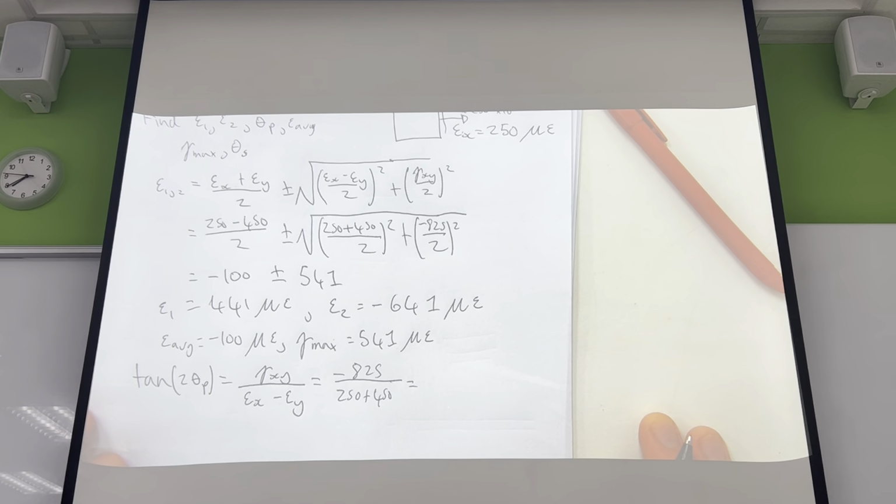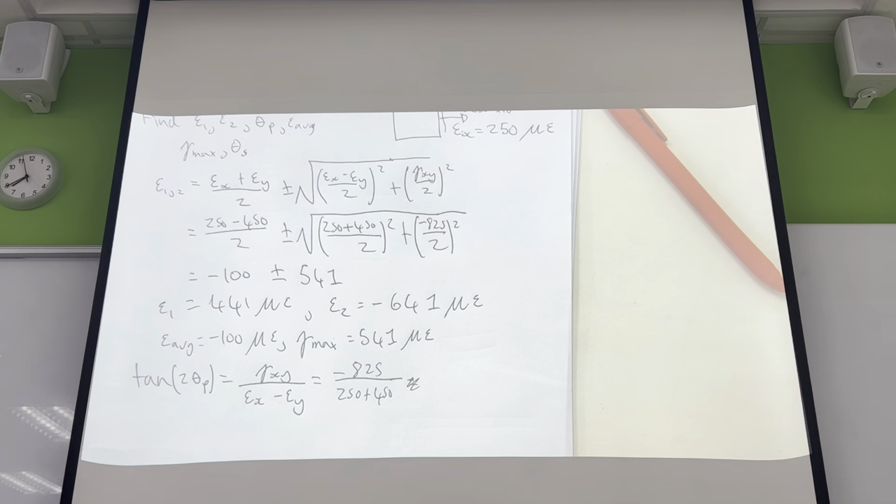So that's going to be like negative 50 degrees. Oh, sorry, we don't care about that. If we divide it by 2, then theta was like negative 25 degrees, I guess.